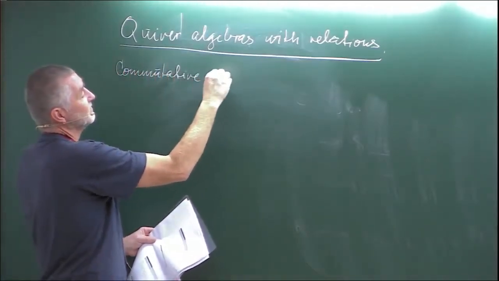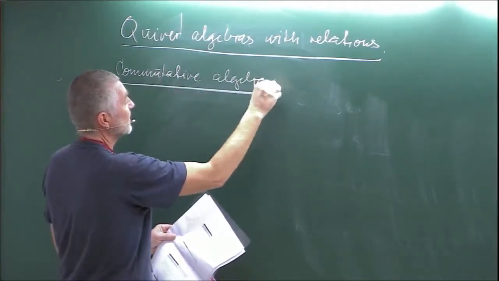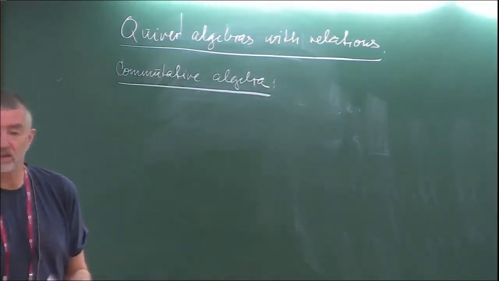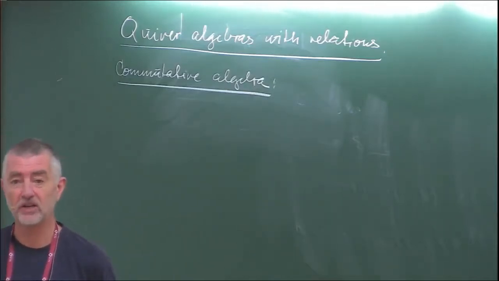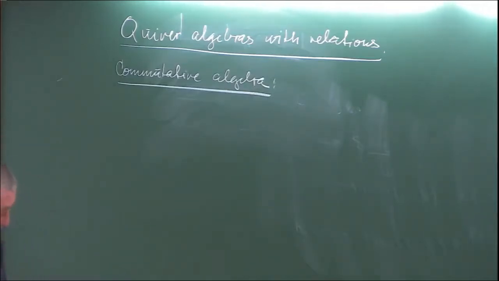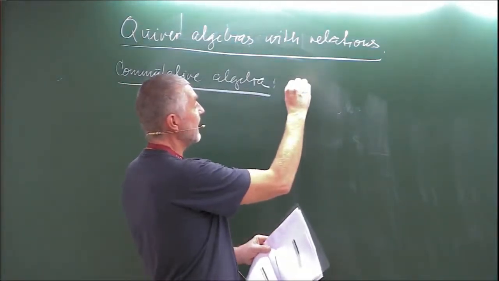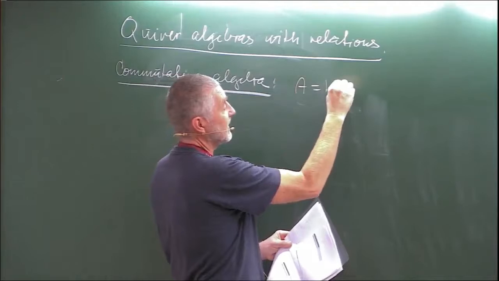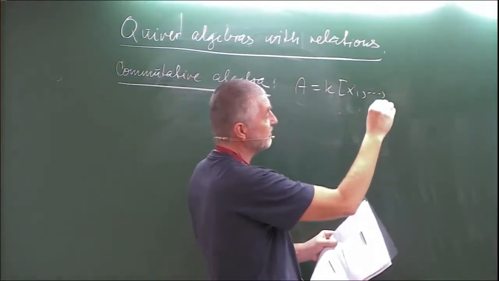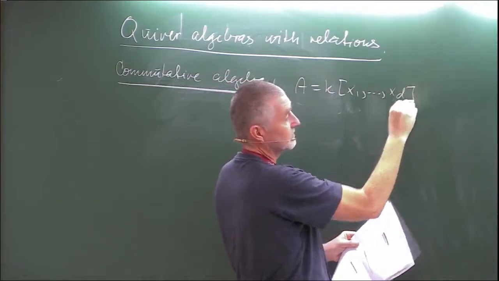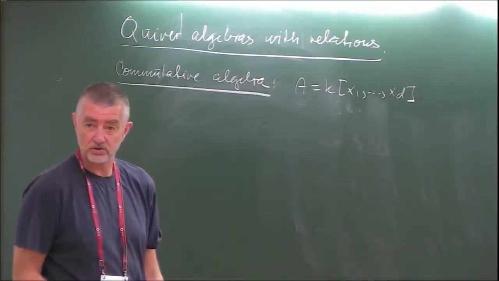So, commutative algebra. What are we really studying? We always start with a finitely presented, finitely generated k-algebra. So what we really do is starting with A equal to k[x1, ..., xd]. That's in the basic courses.